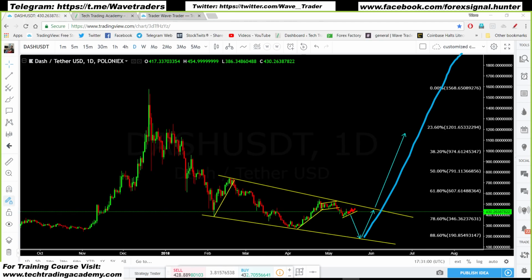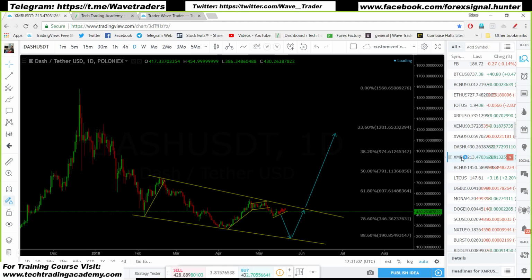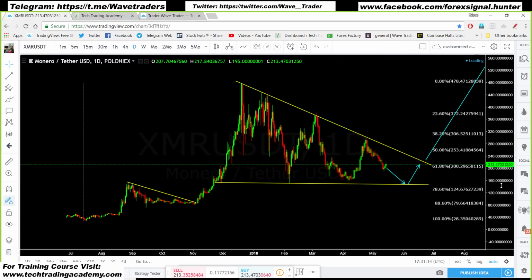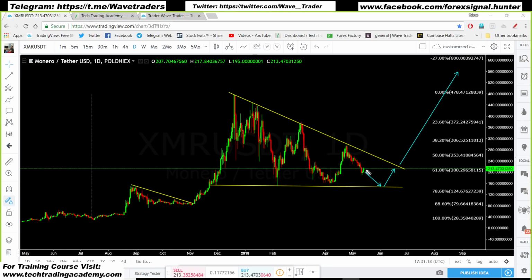That big wave on Dash, and on Monero, short-term drop, short-term sell is going to be over there on lower time frame. That's the trade from this area. Okay, buy from that bottom for longer term.